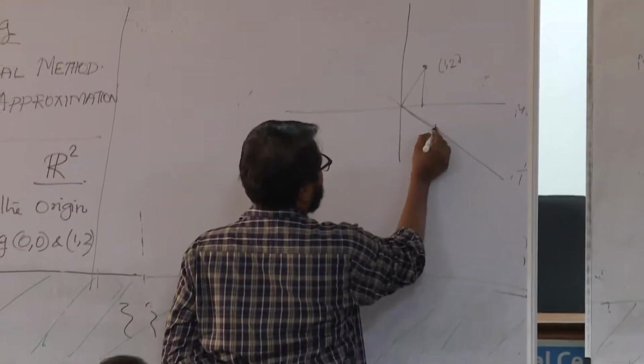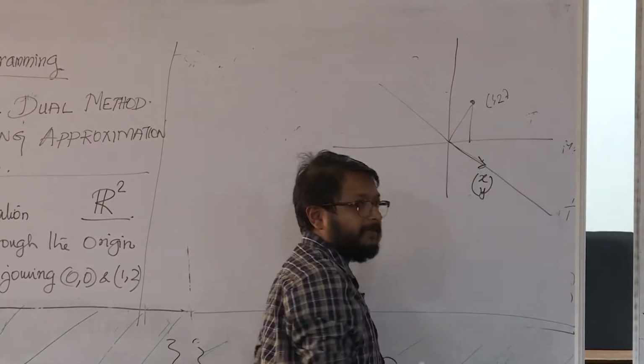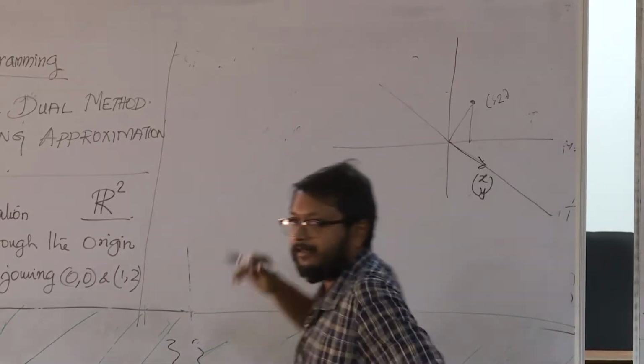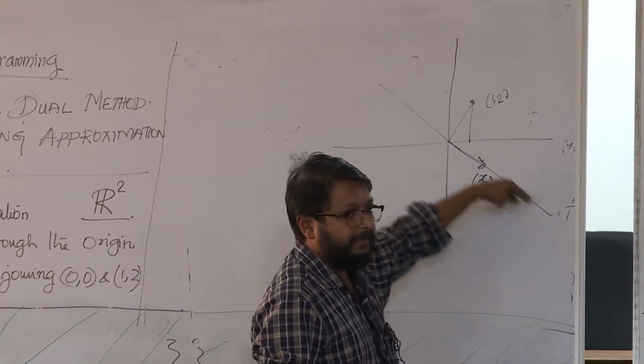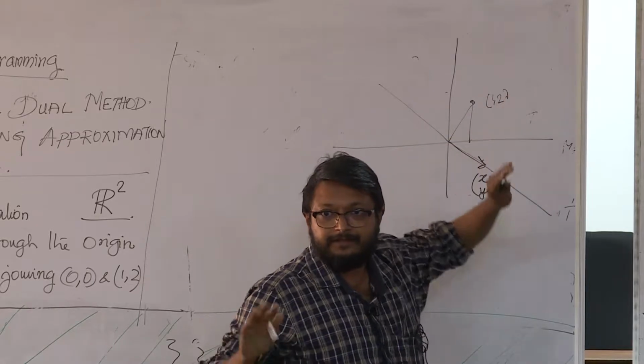You take any vector here, which has, let us say, coordinates x, y. Any vector here will have some coordinates x, y. I want to find out those vectors or points x, y whose dot product with this vector 1, 2 is 0.